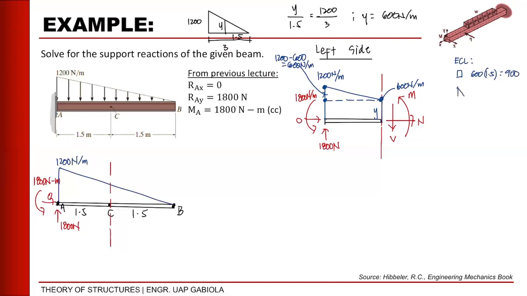Then, the ECL of our triangle is 1/2 times 600 times 1.5. That will be 450. So, where are these? The rectangle acts at its center, and the triangle is at this location. Okay? 450. And we identified the distances of our ECLs from the cut section.